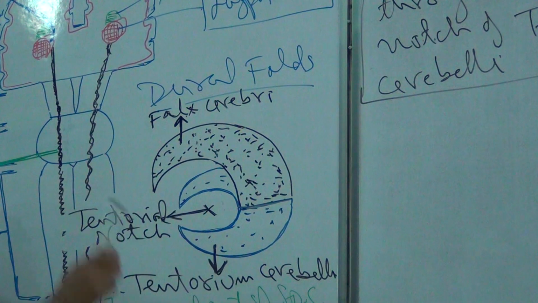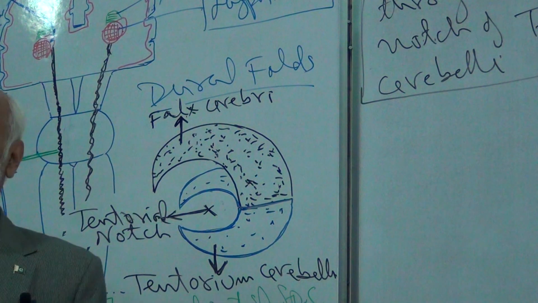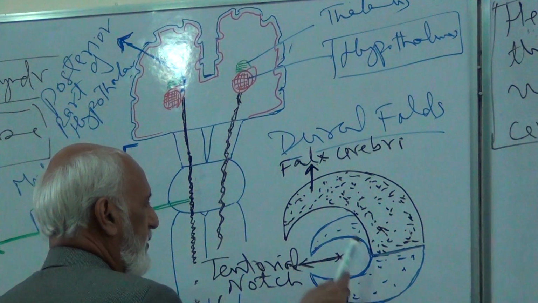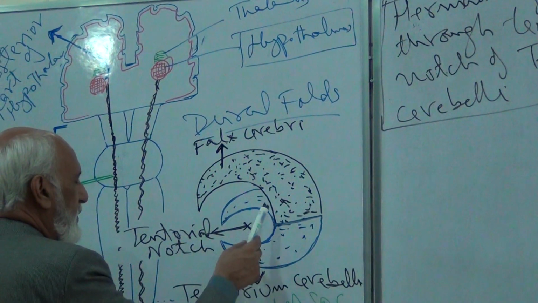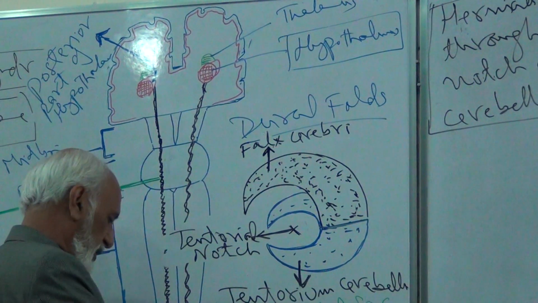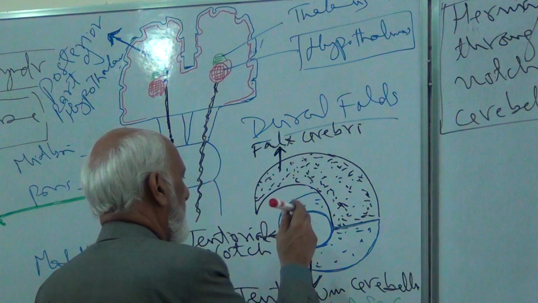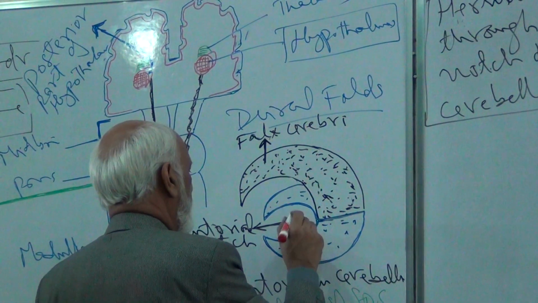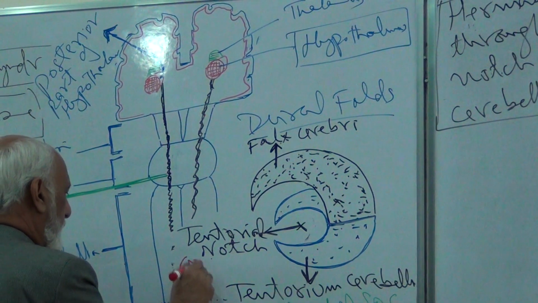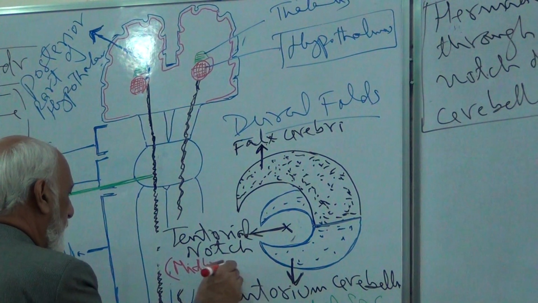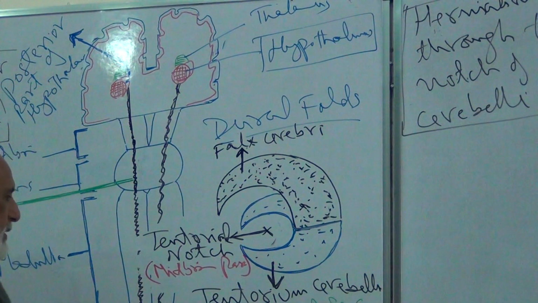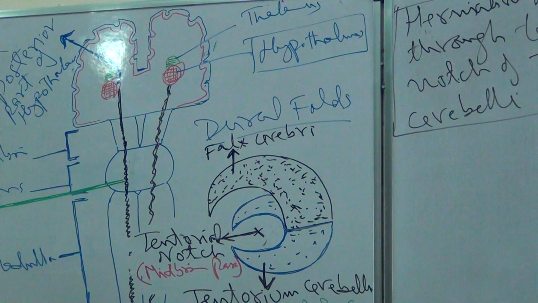The falx cerebri descends through the longitudinal fissure, partially separating the right and left cerebral hemispheres, while the tentorium cerebelli is between the cerebrum above and cerebellum below, and the midbrain passes through it.